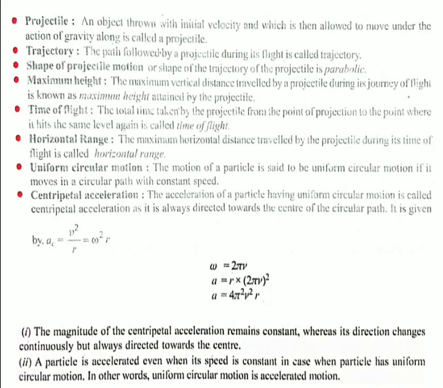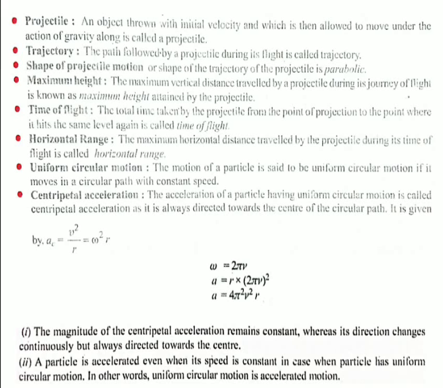In the last class I have also solved problems on this projectile motion. In the previous class I have obtained the expression for the centripetal acceleration. How can we define the term uniform circular motion? The motion of a particle is said to be uniform circular motion if it moves in a circular path with a constant speed.